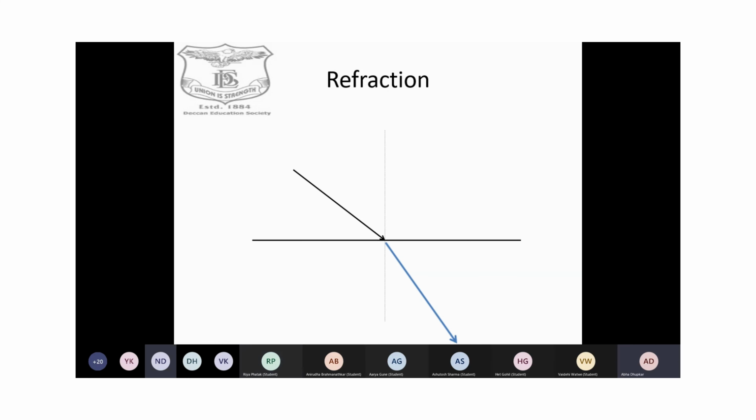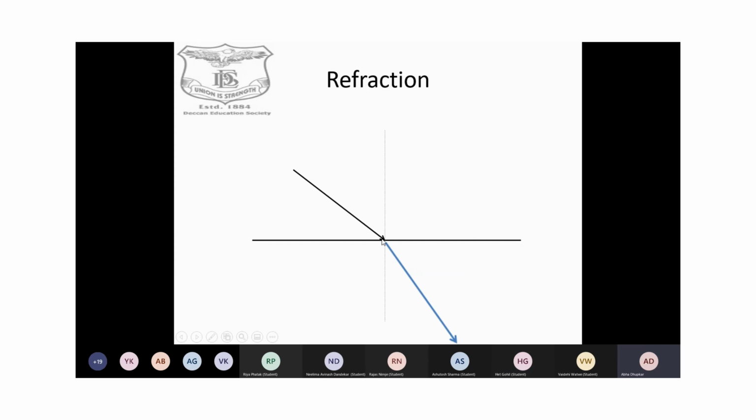Closer to the normal when the medium is denser. When the medium is denser than the primary medium, this part where you can see the black arrow is denser than the region where you can see the blue arrow. What will happen? It is going to move towards the normal.